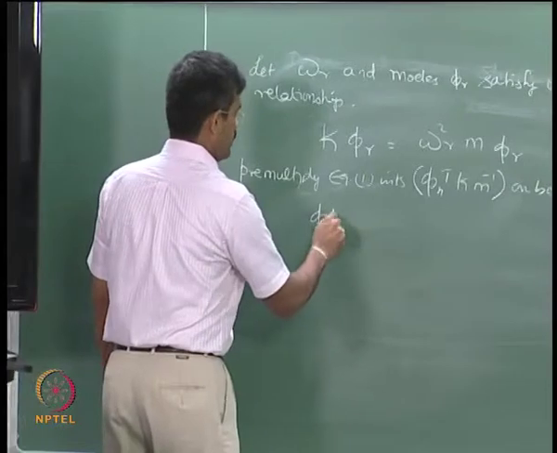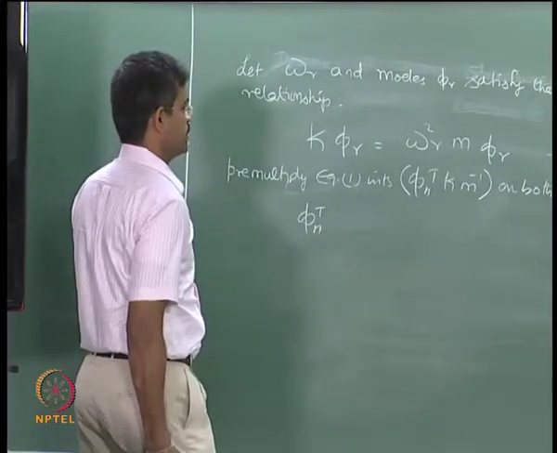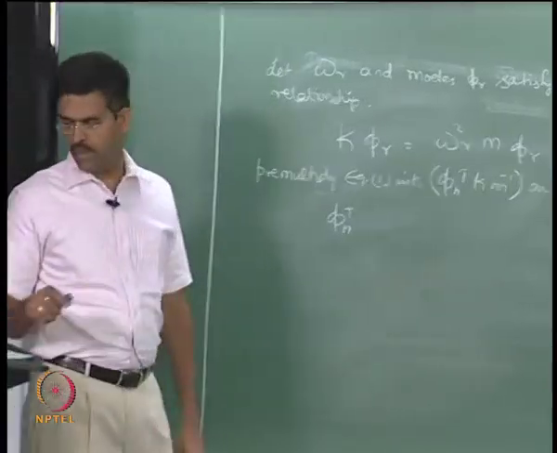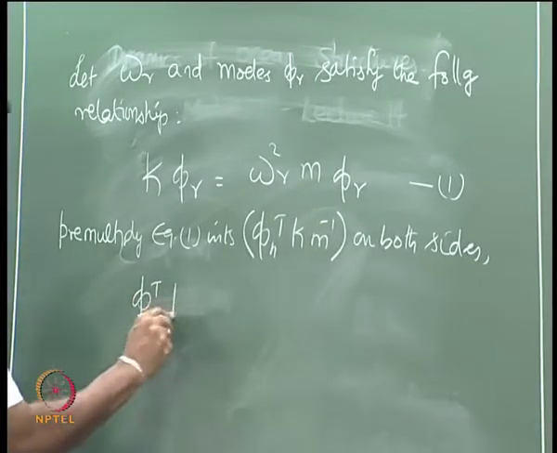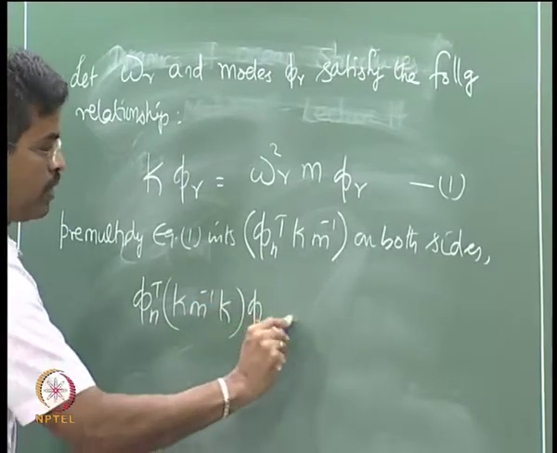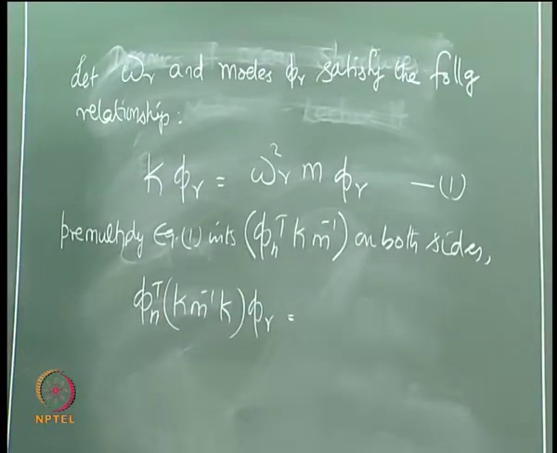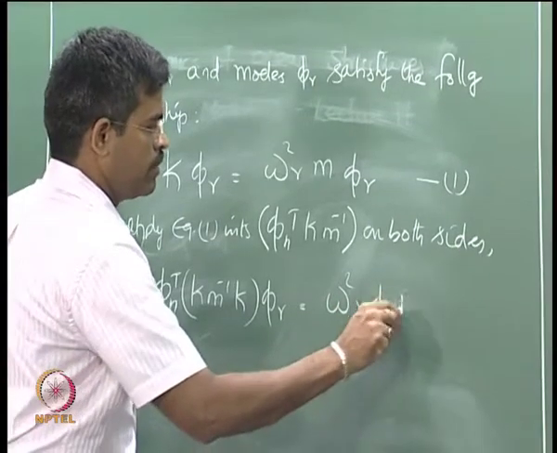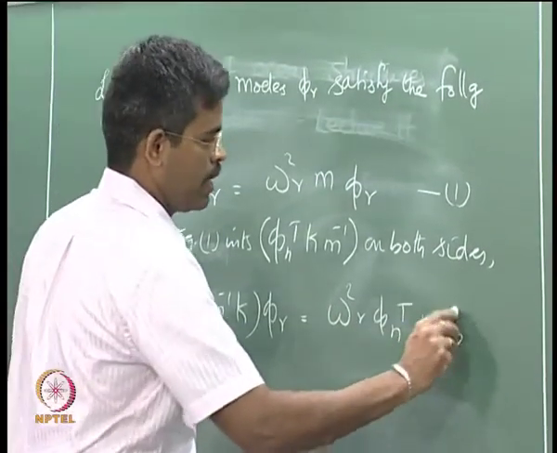Phi n transpose K m inverse K of phi r equals omega r square phi n transpose K phi r.